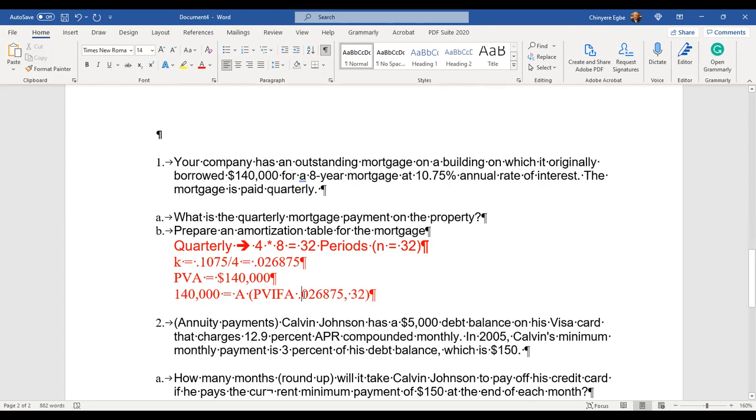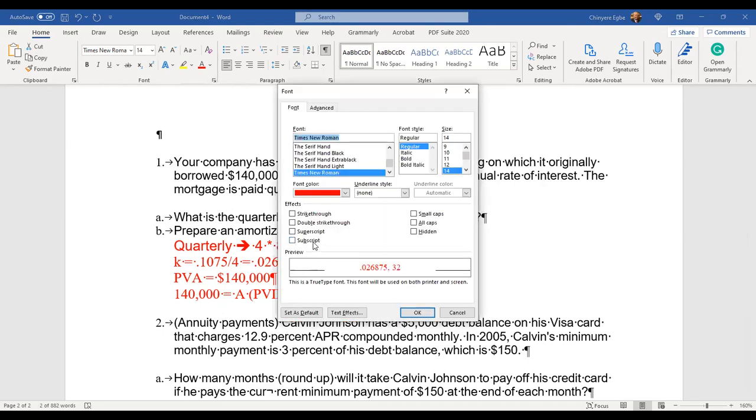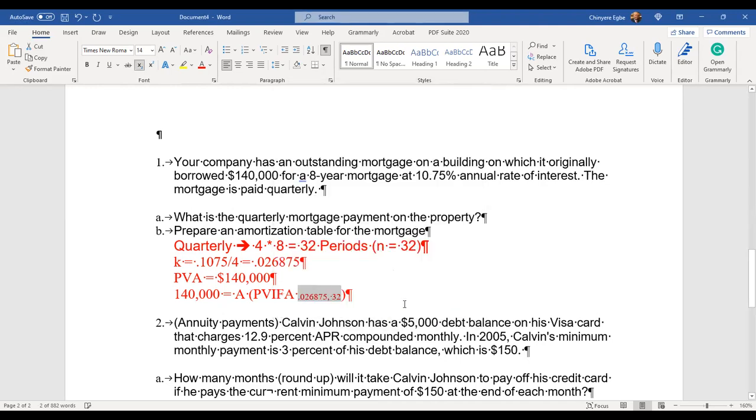Generally, this should be made like a subscript to make clear what we're doing. So this is what we have.